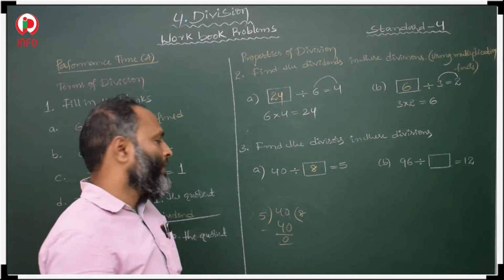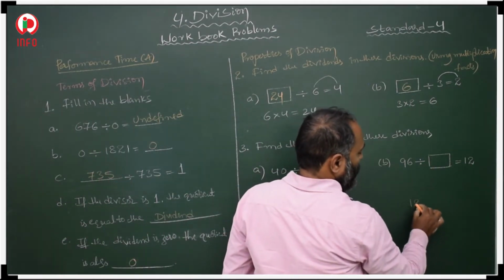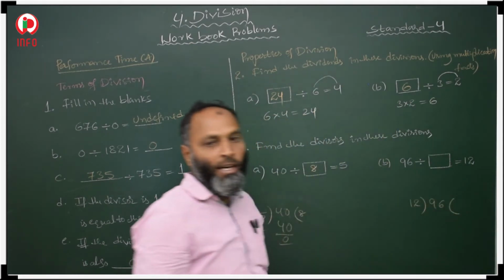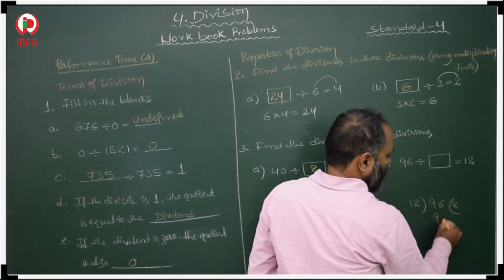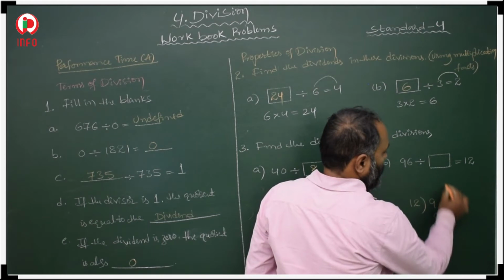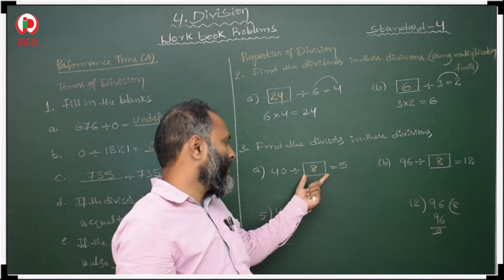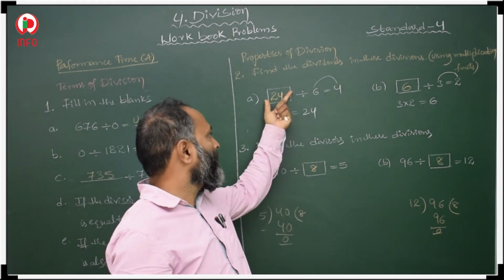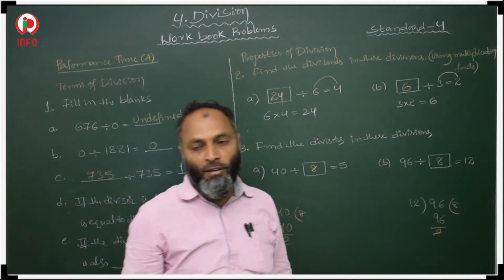Using division fact we have to do. Here 96 divided by 12. 12 8s are 96. So what is our divisor? 8. So if the divisor is not given, using division fact we have to find it. If the dividend is not given, using multiplication fact we have to find the dividend. Okay.